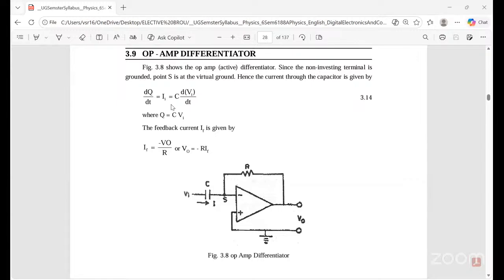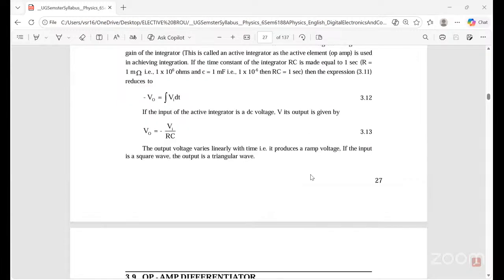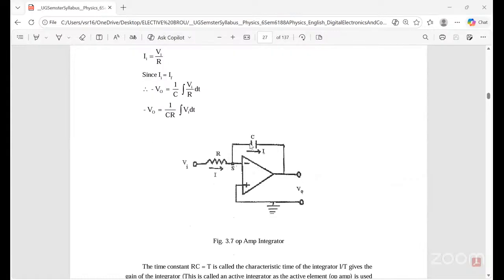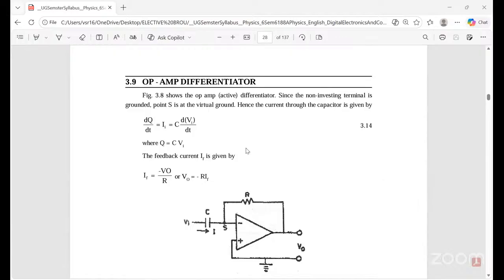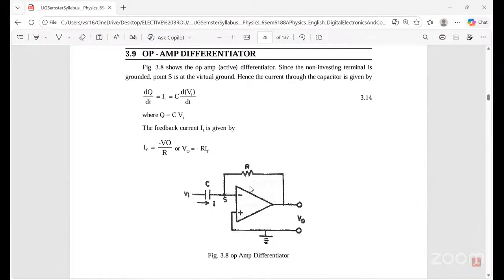So, the operational amplifier differentiator. In the integrator, you can see a capacitor and resistor, whereas in the differentiator, a resistor and capacitor. Here the non-inverting terminal is grounded, whereas to the inverting terminal you are giving the signal.